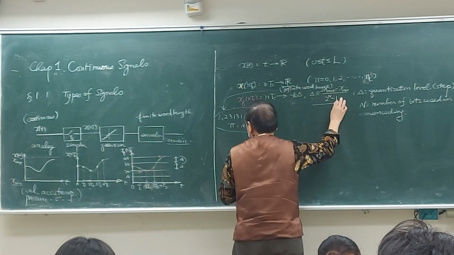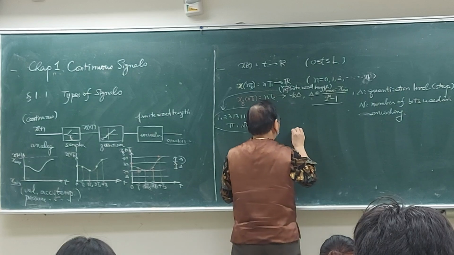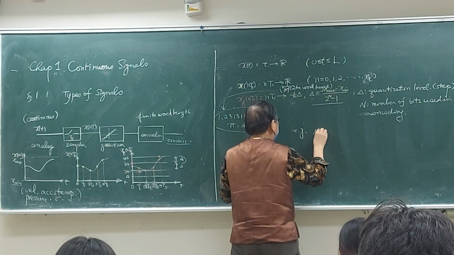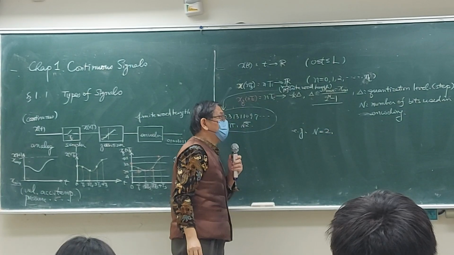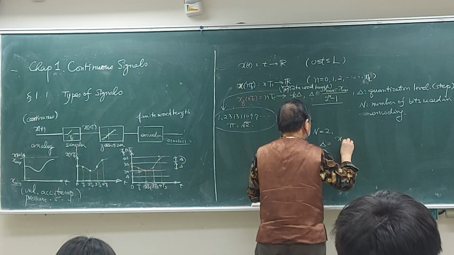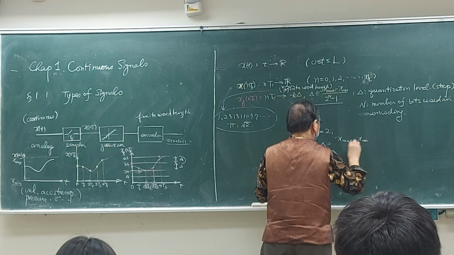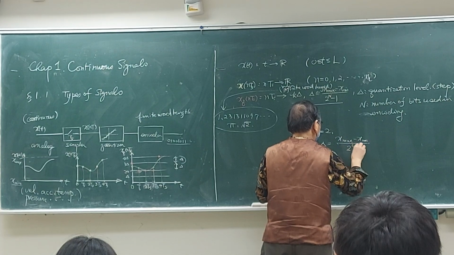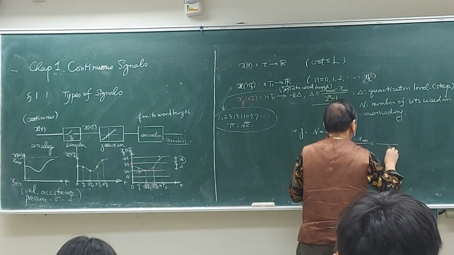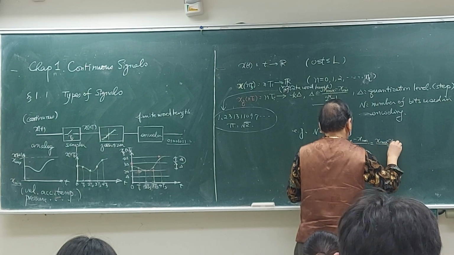Suppose we have 2 bits. If n is simply 2 bits, then delta is equal to x max minus x min divided by 2 to the 2 minus 1. So that's 1/3 times x max minus x min.